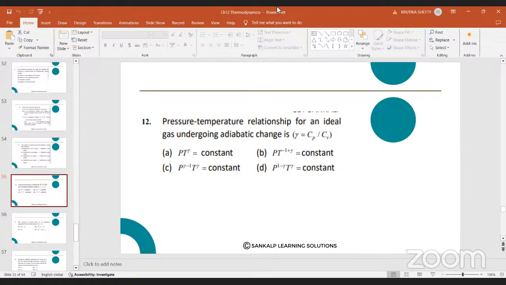PT raised to gamma, PT raised to minus gamma plus 1. Options C and D, I think, are the same. No, options C and D are both different. Option D. Yes, option D is the correct answer. That is P raised to 1 minus gamma into T raised to gamma is equal to constant. Okay.